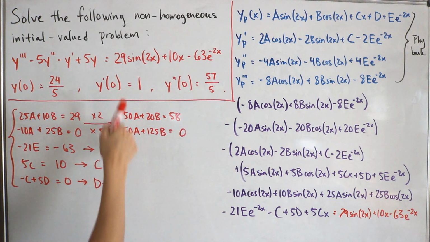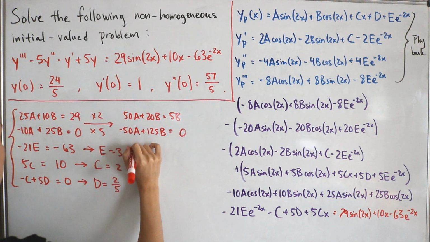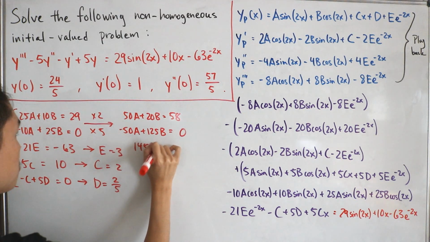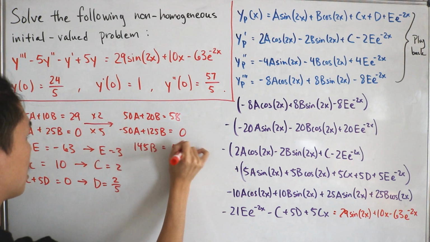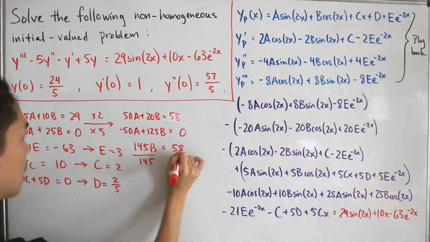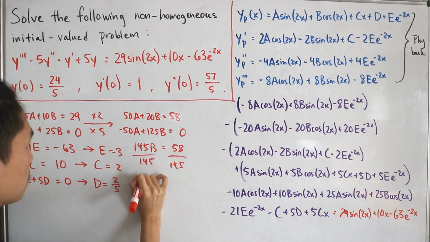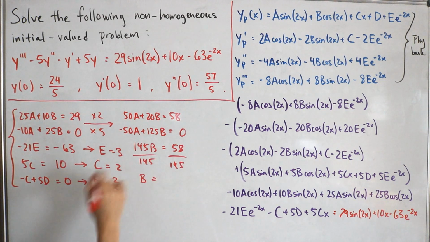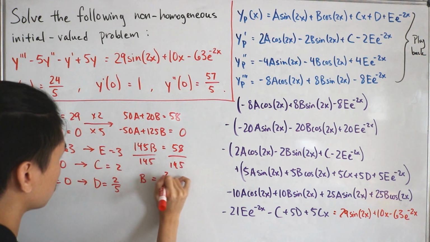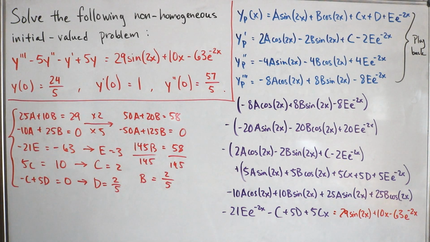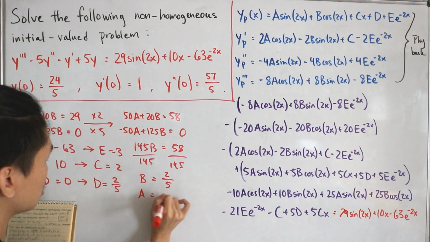So we have that the 50a's cancel out. Now this will just yield us 145b is equal to 58. Then divide both sides by 145. So now I have that b is equal to 58 over 145. That will reduce to 2 divided by 5. And if I put this back in and solve for a, it's simple to see that a is just equal to 1.